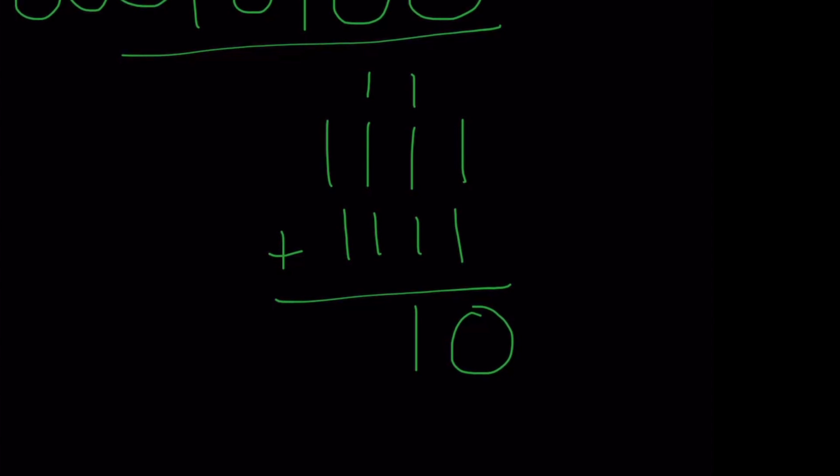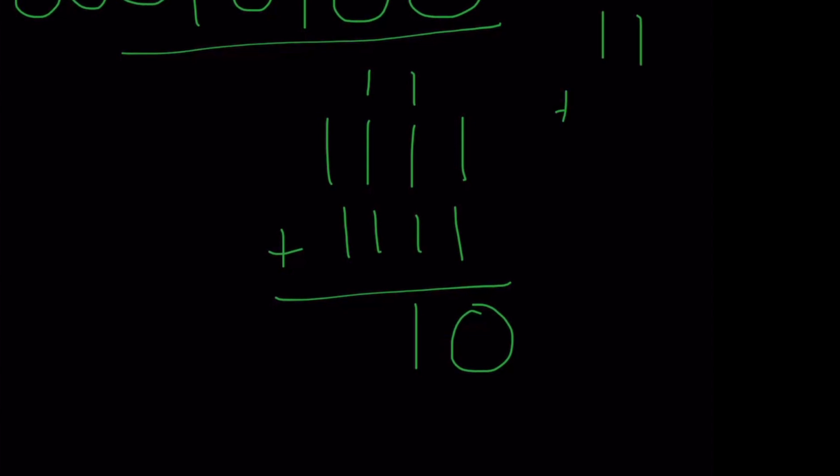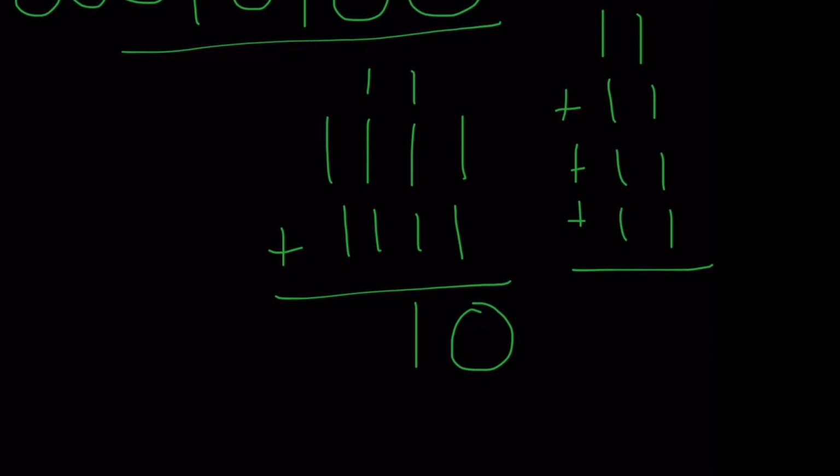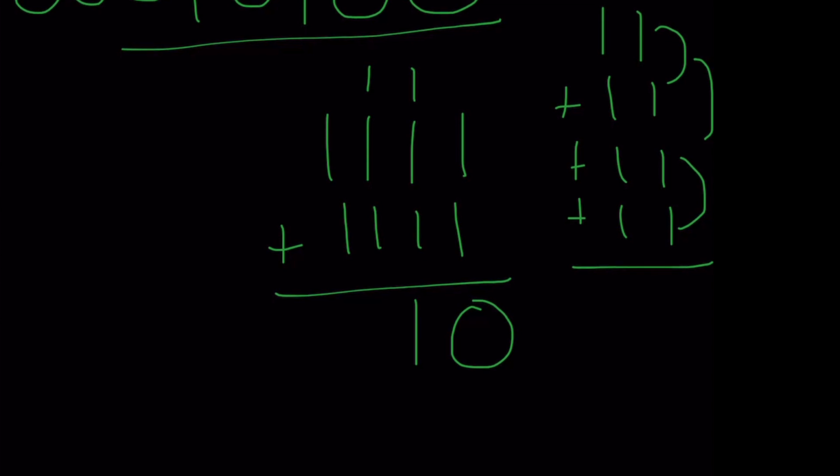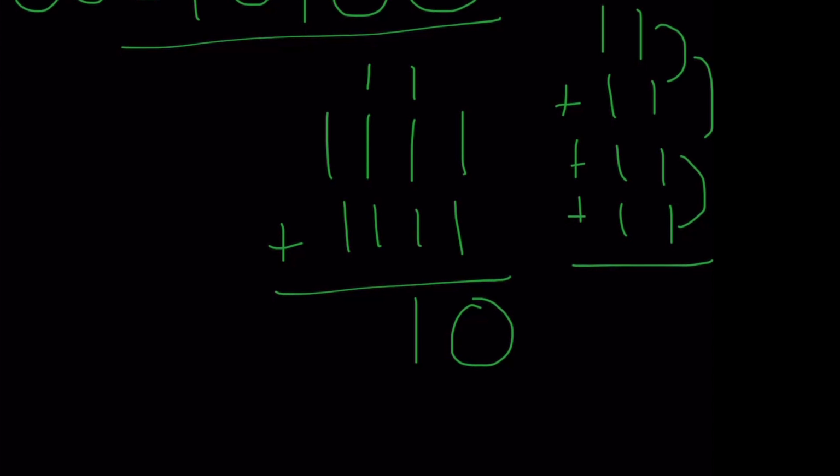You will have 3 ones maximum. And what I suggest people do, if a sum is like 11 plus 11 plus 11 plus 11, is to first add these two, then add these two, and then add the final answers of these two. That just makes it easier, I believe, and it's less confusing.